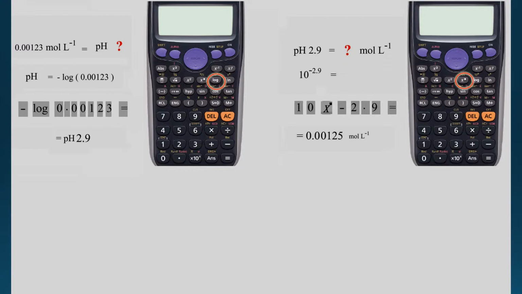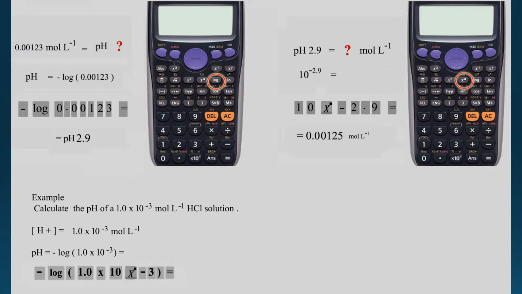So pH and mole per liter are convertible. They can one change into the other. Let's do an example. I want it into pH. How do you do it? Put onto the calculator.